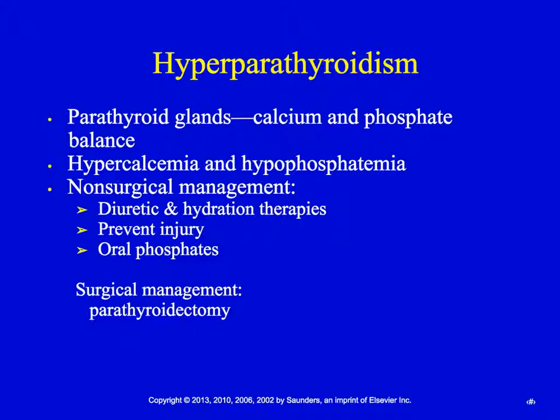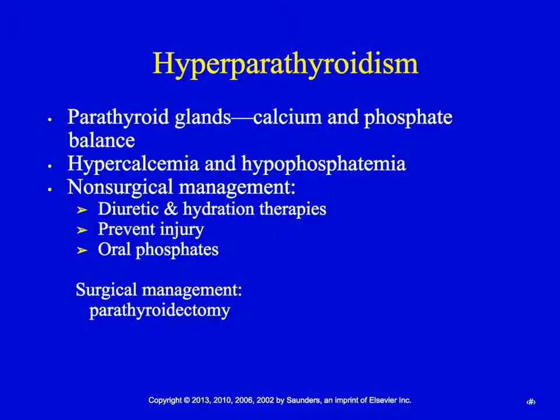And then, since their bones are brittle, you have to watch them for falls and make sure they don't have an injury related to the brittle bones. Management of this is typically, especially if it's a tumor in the parathyroid, they're going to have to remove it to get rid of the tumor that's causing this situation.